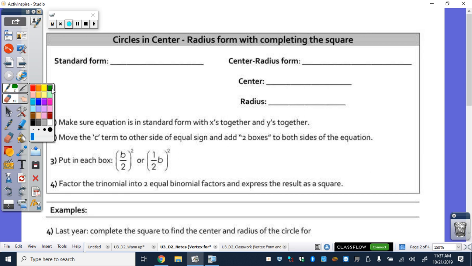All right, circle formula. Do you guys remember standard form for a circle? Probably not. With circles, you have both an x squared and a y squared, you've got an x in there, a y in there, and then you've got another number known as the constant that's also in there.